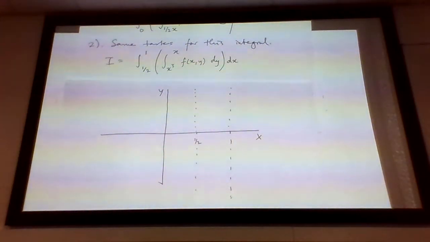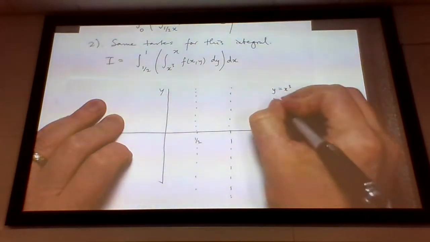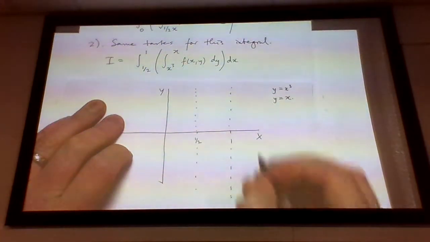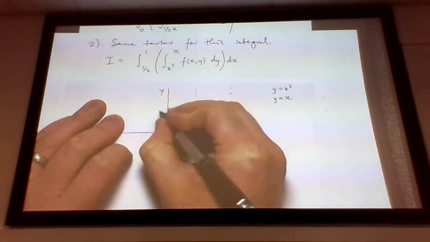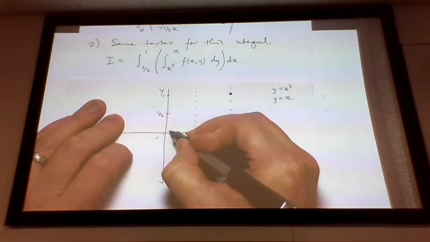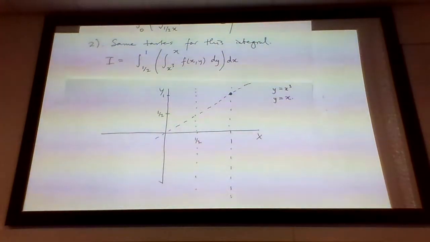So then there are these two boundary curves again: y equals x cubed and y equals x. y equals x is easy enough. This curve y equals x is just simply this straight line. Then we've also got the curve y equals x cubed. And what does that look like?